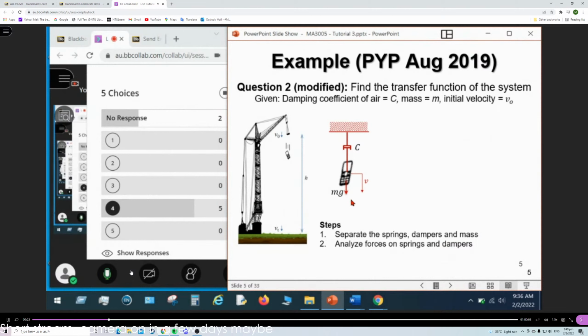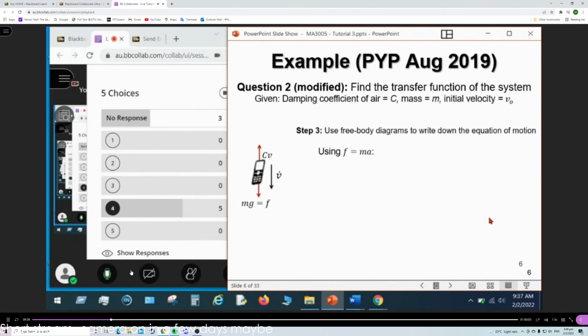But in this case, MG is considered, and we analyze the force on the spring and damper. This is step 2, and then the lecturer explained that we draw the free body diagram. Here we only have 2 forces. Then with Newton's second law, we can set up the equation, and then use the Laplace transform to get the transfer function.